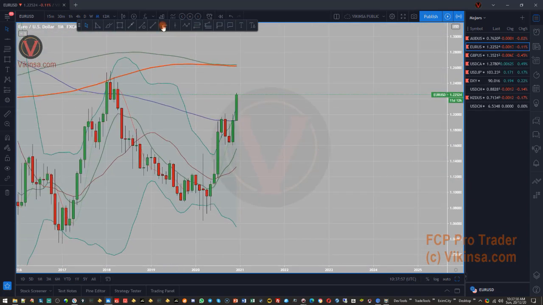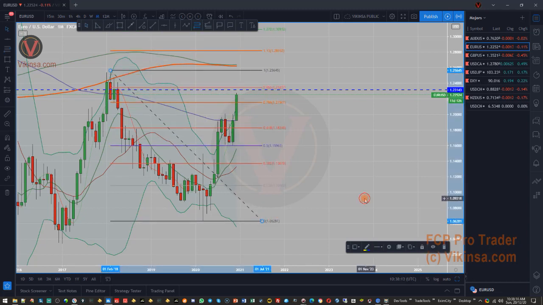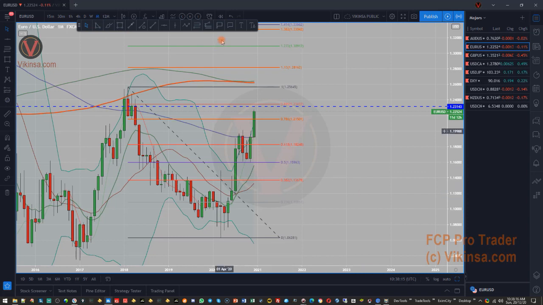Right now we have a level right there, near about that level, and you see we have this W pattern here as well, which nearly got completed, but it did not quite reach its profit target. So there is another one which is not of a very good probability, but we have a completion somewhere around here where we can actually look for this pattern to complete.